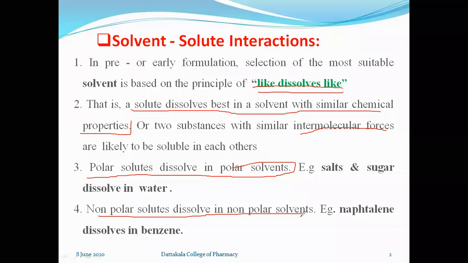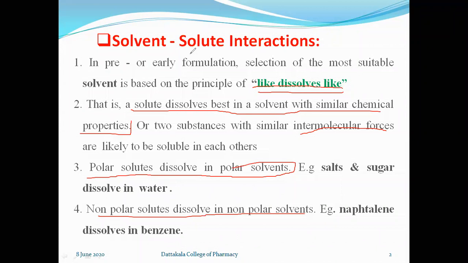In the first case, polar solute and polar solvent, both solute and solvent are polar in nature. So what do you mean by polar, and how do these polar solvents show the solubility phenomenon? The mechanism of polar solvents mainly depends upon the dielectric constant. These polar solvents show a higher dielectric constant.